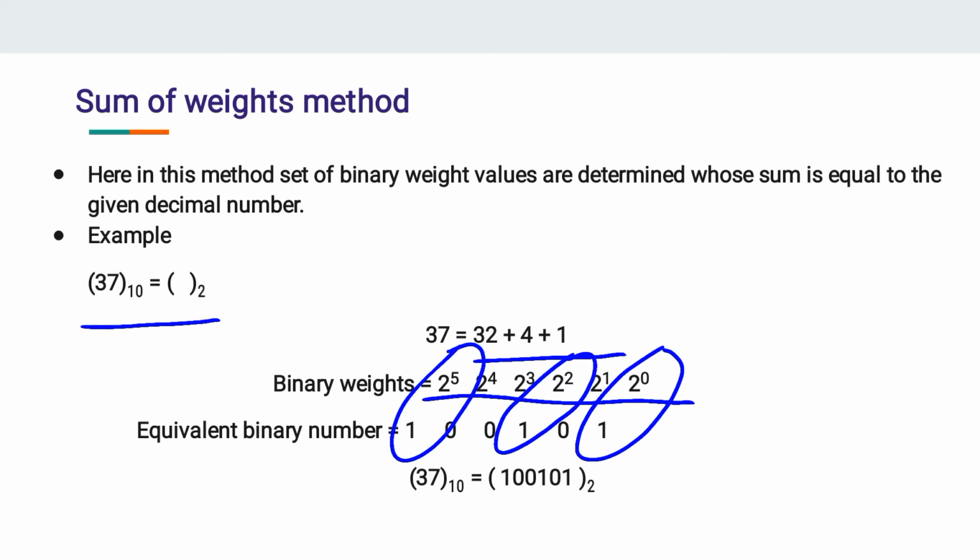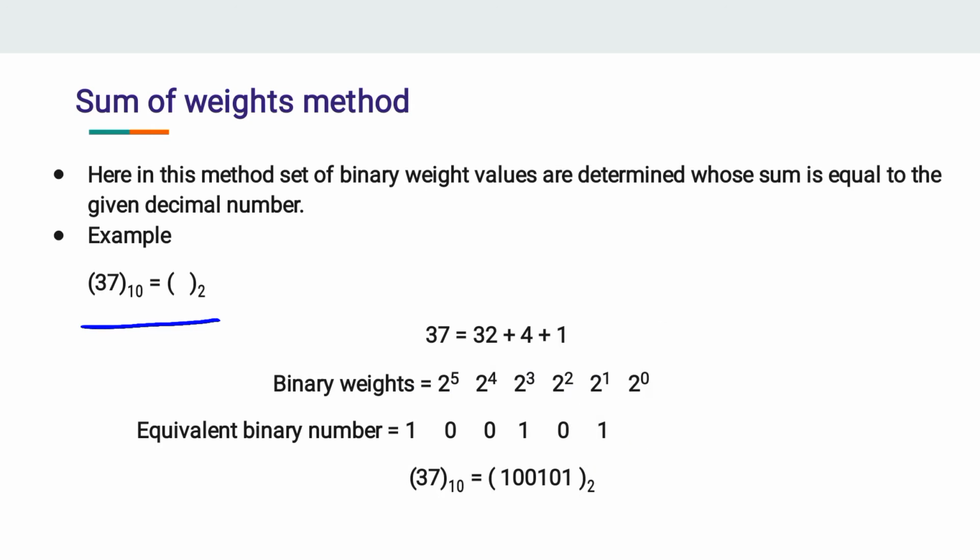The remaining, 2 power 4, 2 power 3 and 2 power 1, are 0. Clear? Then you write all this combined with base 2. This is how you convert the decimal number 37 to binary.